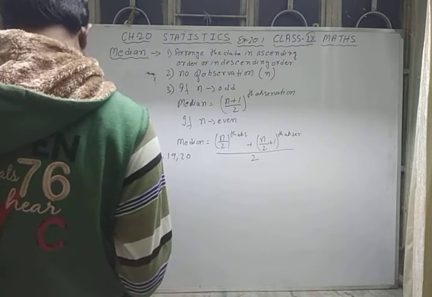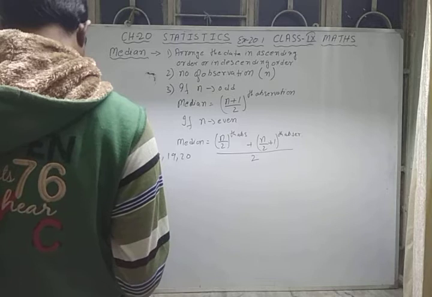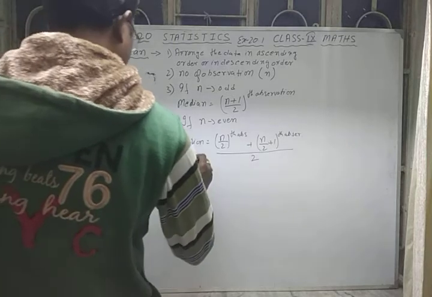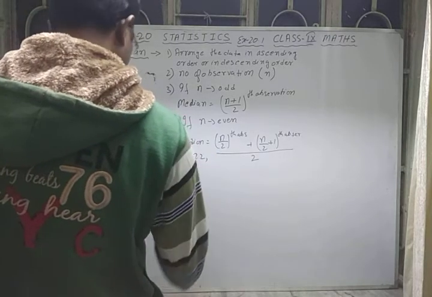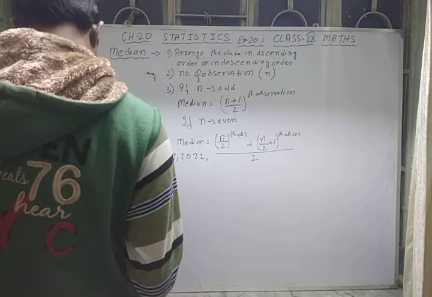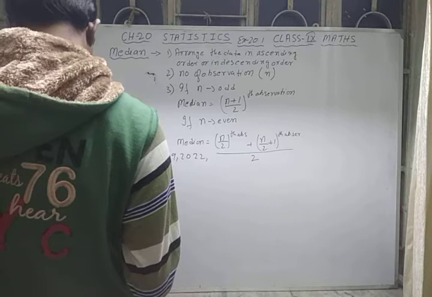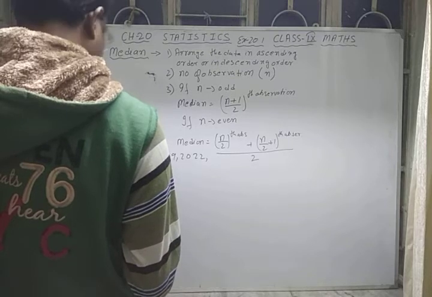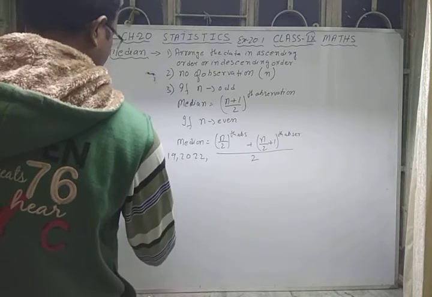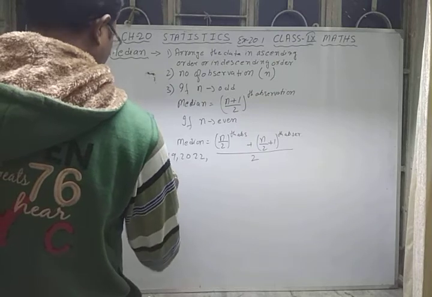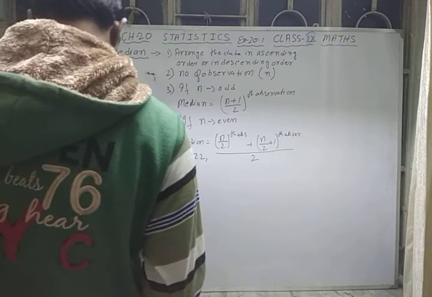After 20, 21 is not there, 22 is there. After that 22, 24 is given 2 times. We have to write as it is, 24, 24.